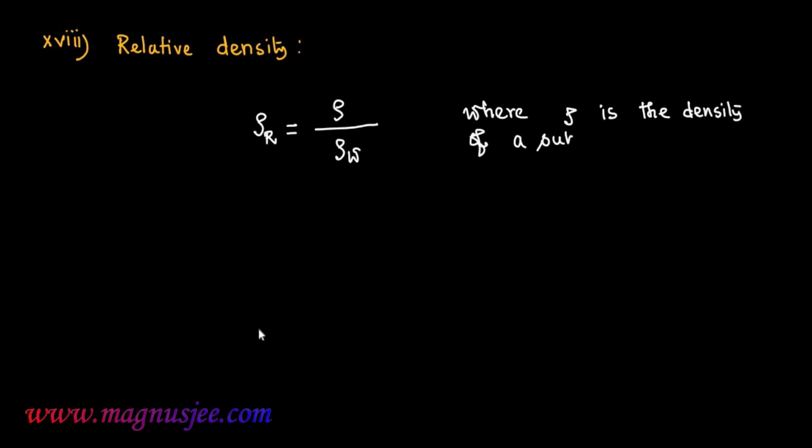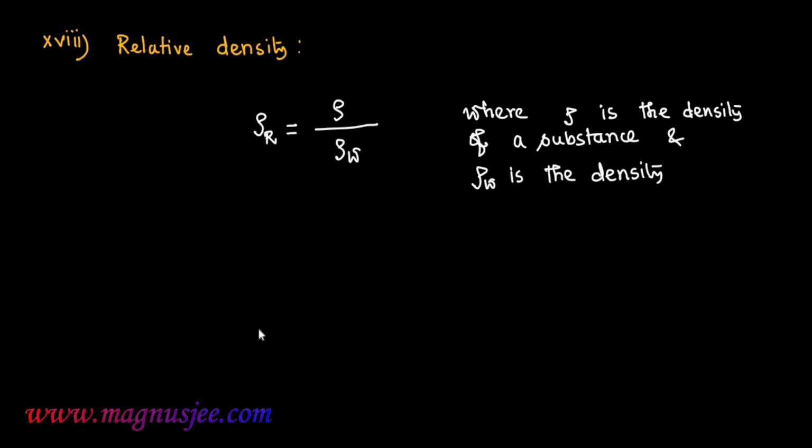Now we have to find the dimensions of relative density. Relative density rho r is the ratio of rho and rho w, where rho is the density of a substance, and rho w is the density of pure water.